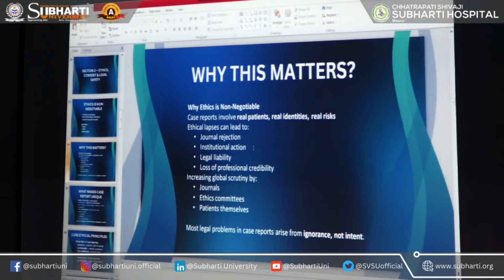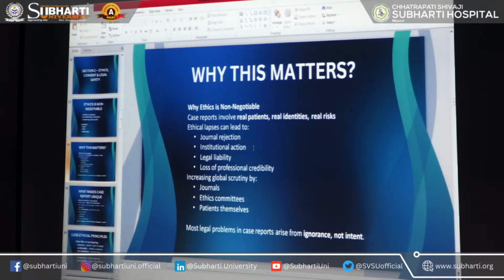Why does this matter? Why is ethics non-negotiable? Case reports involve real patients, real identities, real risk, and ethical lapses can lead to rejection from the journal, institutional action, legal liability, and loss of professional credibility.